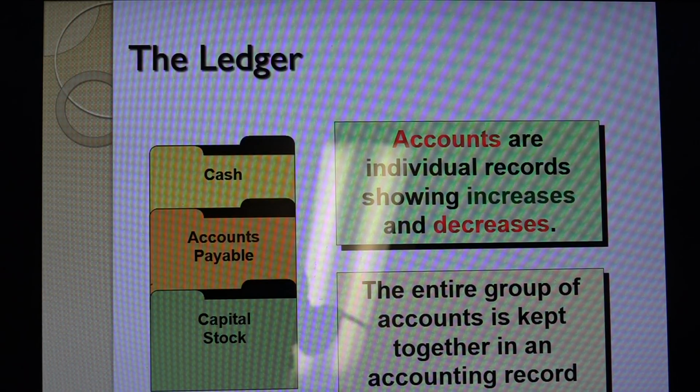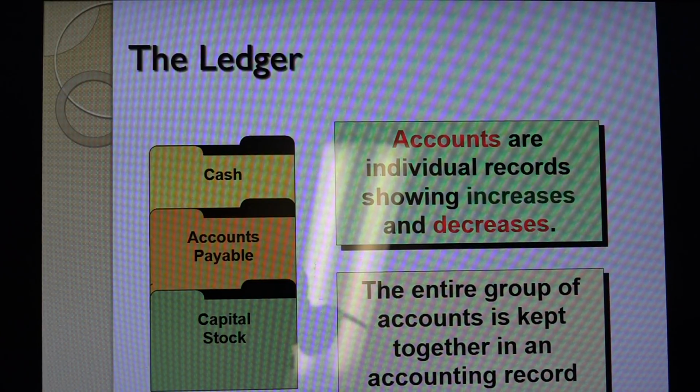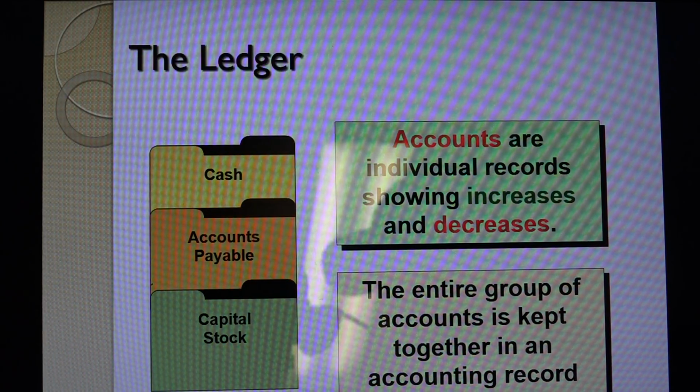These accounts are individual records, and they show increases and decreases in those accounts. The entire group of accounts is kept together in this accounting record called the ledger.